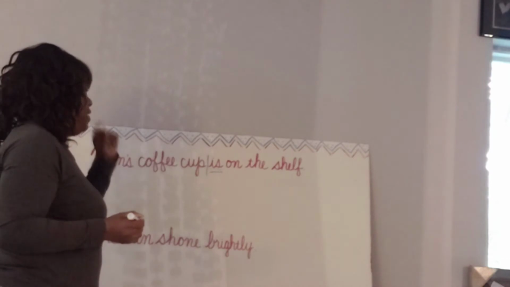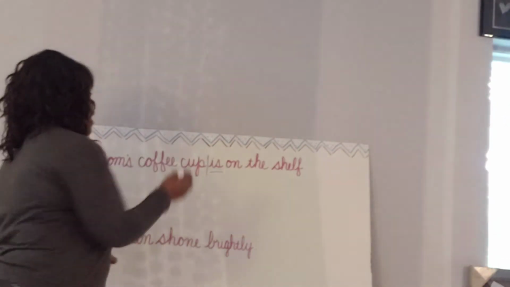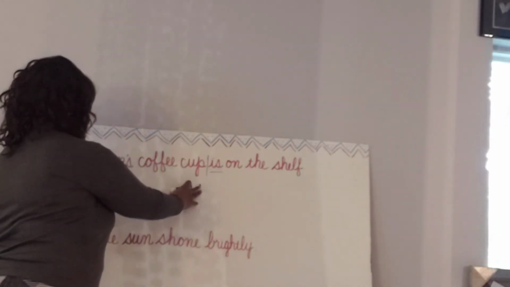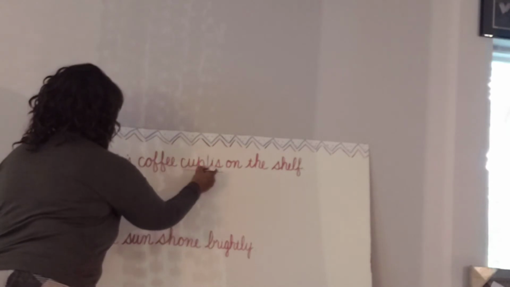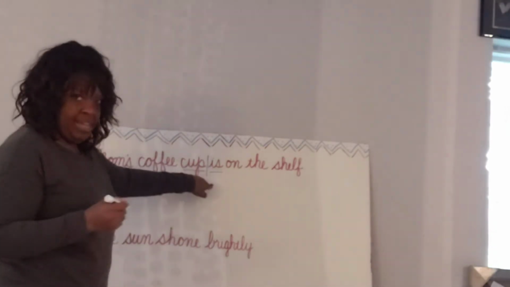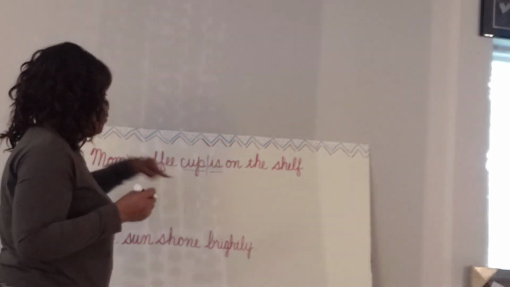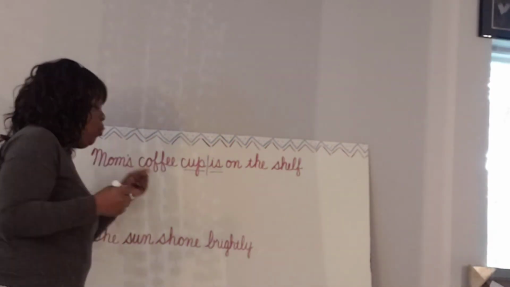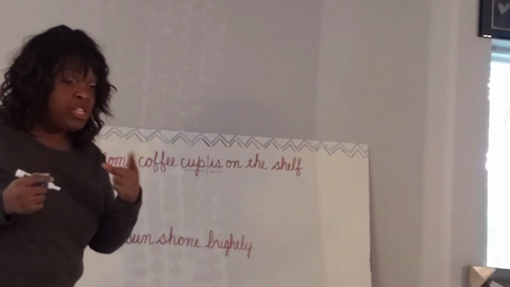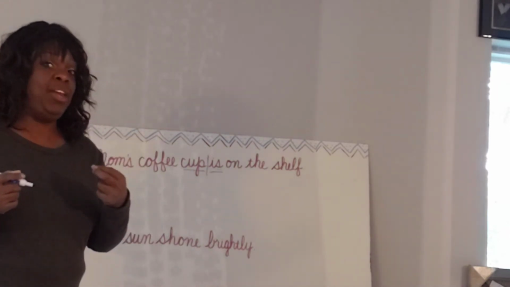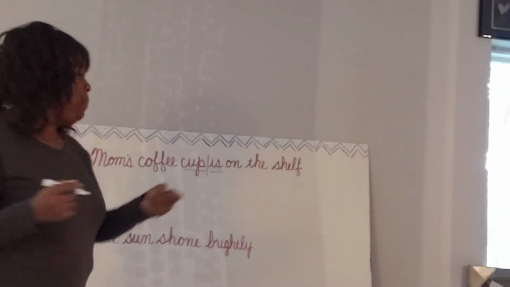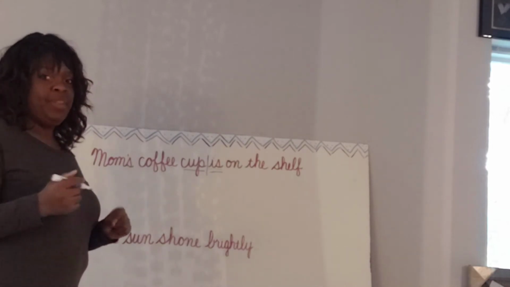Then we ask who or what is. It's not coffee cup is, just cup. Cup is. Then when we look at cup, we ask what kind, which one, how many, or whose. What kind of cup?